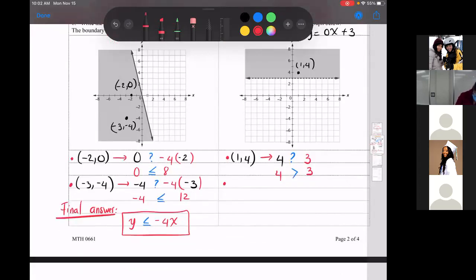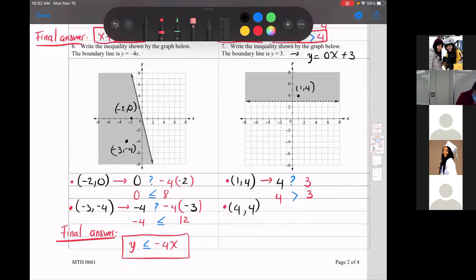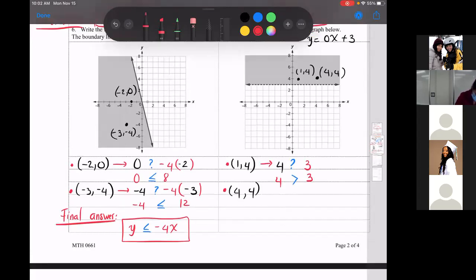Someone else give me a different point. 4, 4. And then you plug it in. 4 for y, and then 3 on the right.